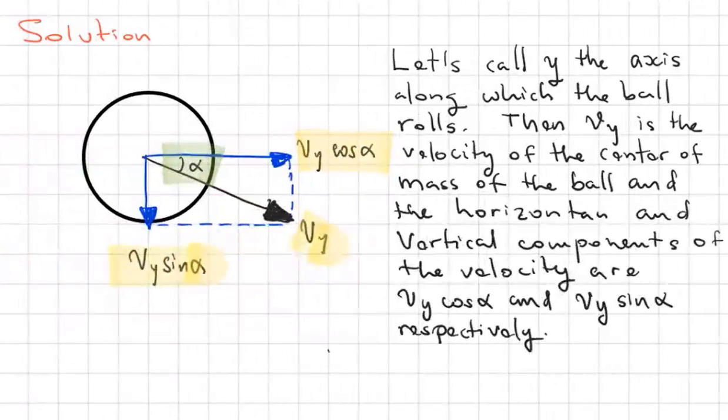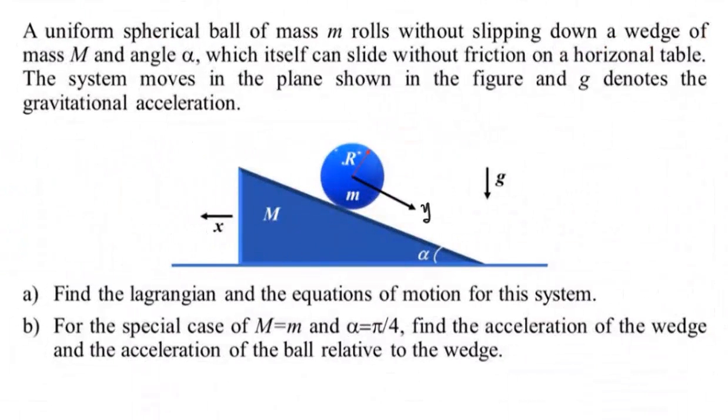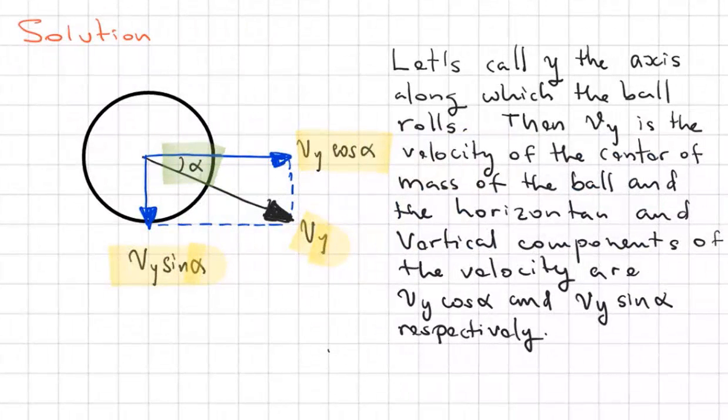If we go to the figure again, we can see that the wedge is moving to the left, right? The ball is moving down the wedge, rolling down, and as we said, it has two components given by Vy cosine of alpha and Vy sine of alpha.